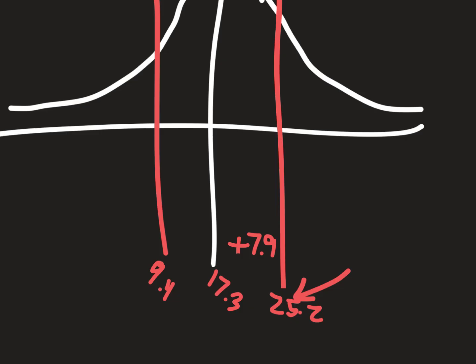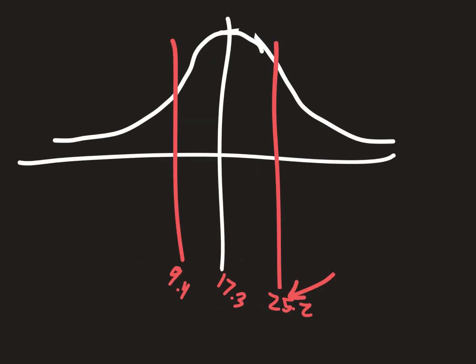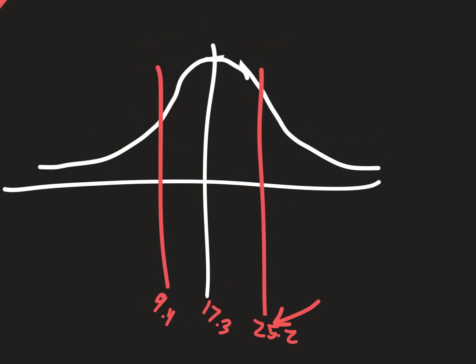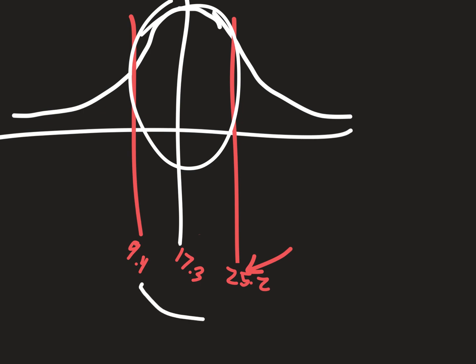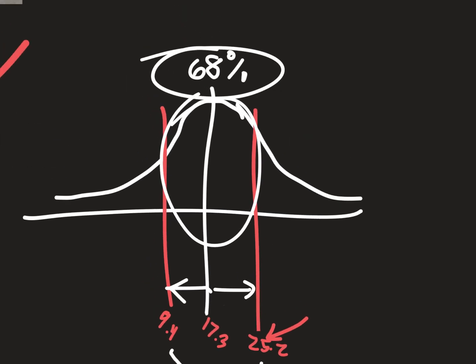The one standard deviation out means that 68% of you, that's the thing that stats teachers know and you're going to know that other people don't, 68% of you are between a 9.4 minute commute and a 25.2 minute commute. If you go with one standard deviation out in each direction, one this way and one that way, then 68% of your people are in that little group.